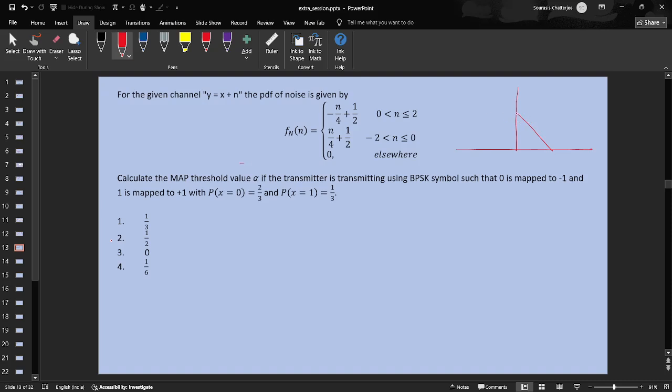And for the negative region its slope is positive, so this is -2 to 2, and its maximum height is here 1 over 2. If we calculate the area, it comes out to be 1, because the area under a PDF is always 1. Now we are supposed to find the MAP threshold. By the way, what does this MAP represent?